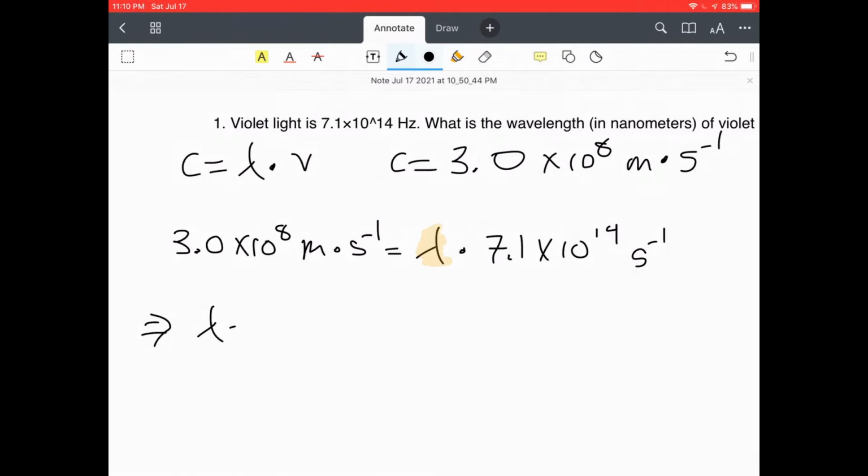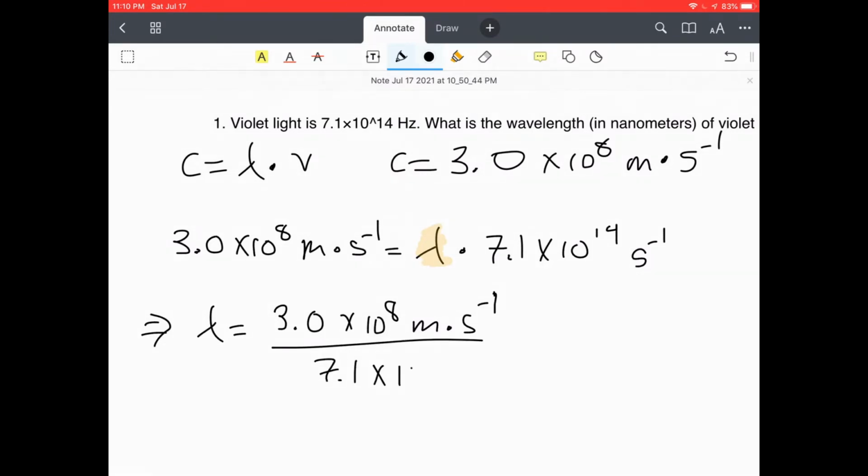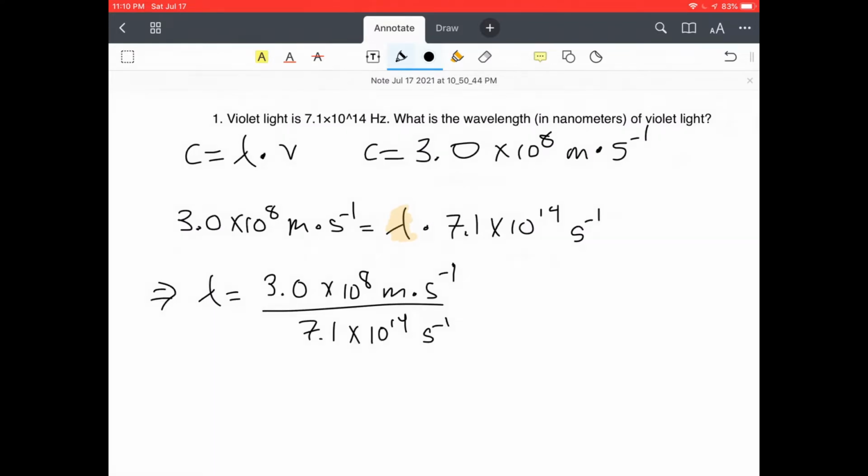So our wavelength will now be equal to 3.0 times 10 to the 8 meters per second divided by 7.1 times 10 to the 14 hertz, or per second. And so when I put that in my calculator, I get 4.23 times 10 to the negative 7 meters.